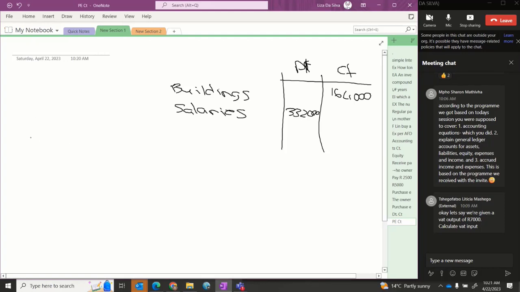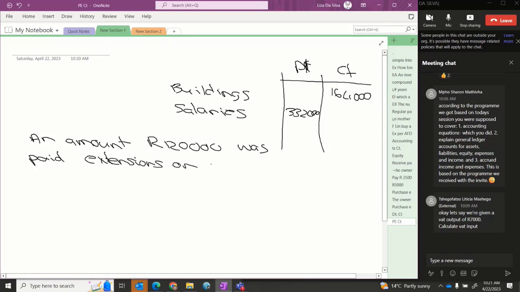Then they say an amount of 120,000 was paid for extensions on the buildings, extensions on buildings, but it was debited against the salary account.